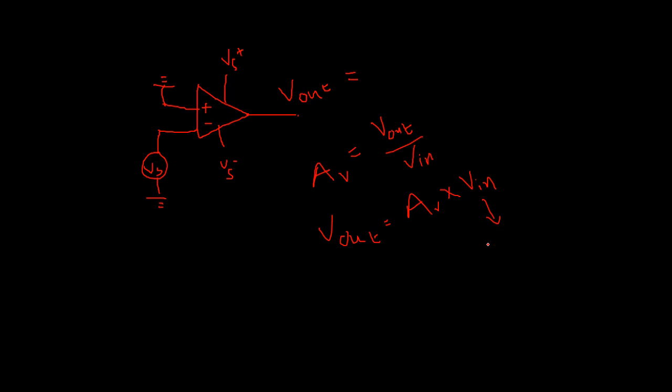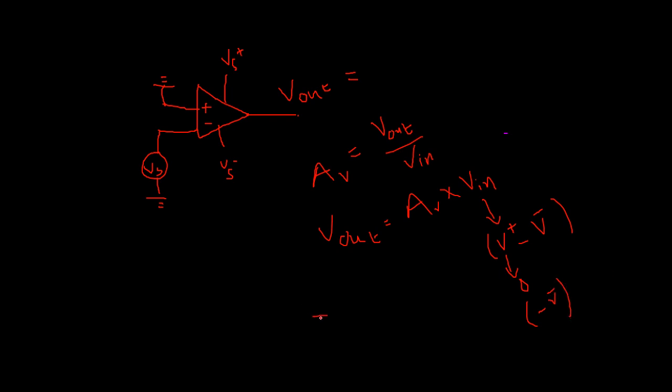Here V in is nothing but the difference of our input voltages, which will be amplified in a general Opamp. So V plus minus V minus. Here V plus is grounded, that is, the non-inverting terminal is grounded, so it is 0. So that is equal to minus V minus.